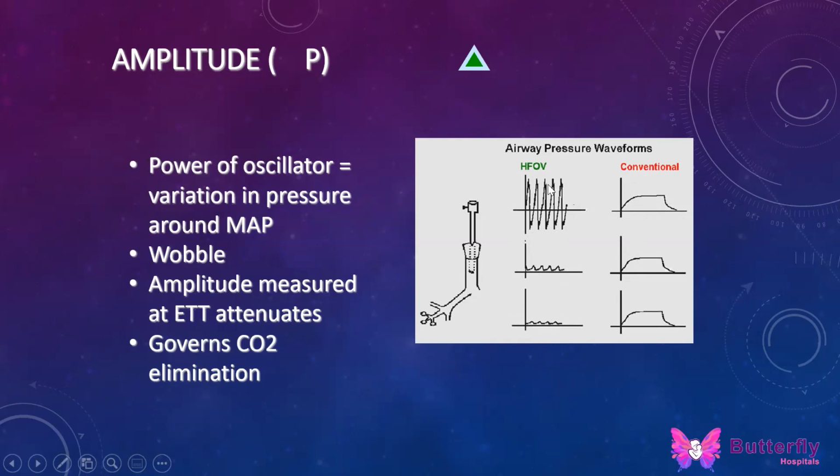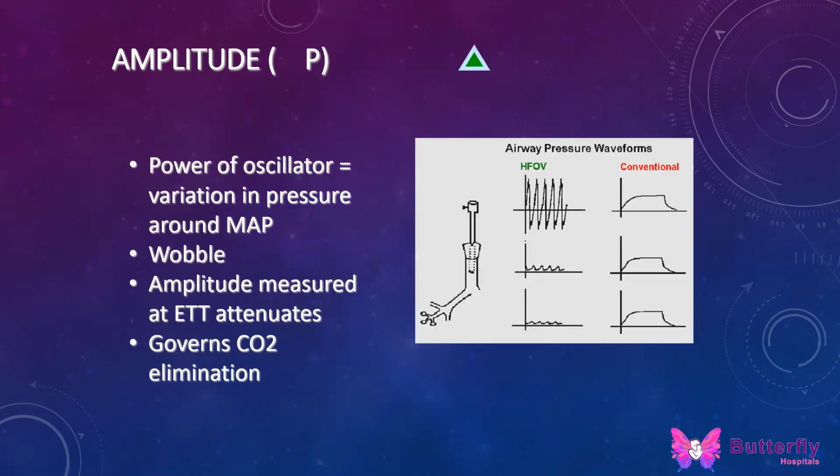The smaller the airway, the amplitude doesn't reach the alveoli. So you want to have an adequate size ET tube, both in diameter and in length. Amplitude, as we said, is the amount of air going in and out during the ventilation part. Indirectly, amplitude mainly governs the CO2 clearance, that is, ventilation.